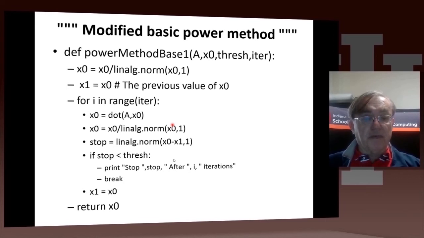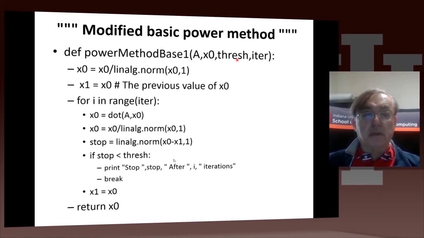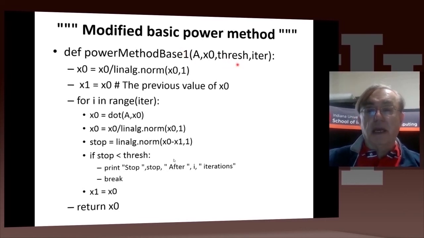I pointed out that I would view this as slightly inaccurate in that it has a fixed number of iterations, and that's really not terribly useful. If you have already converged, you can add another parameter to this function, which gives you method base 1. I just added a 1 to the argument, and I added a threshold here. The new x1 is set to the old value of x0 here, and then you just calculate the difference of the norm, and if this difference is less than the threshold, you stop.